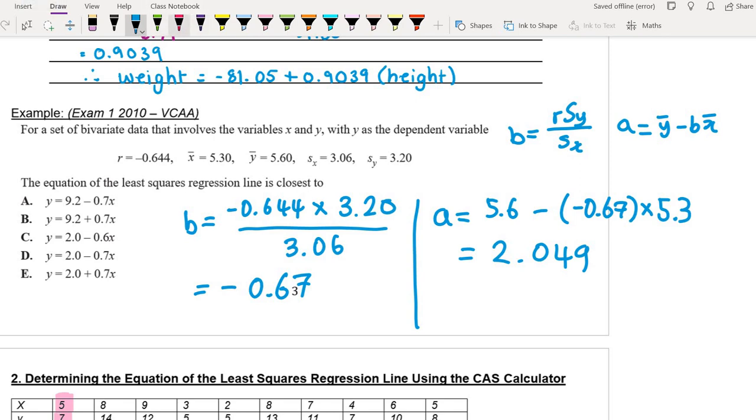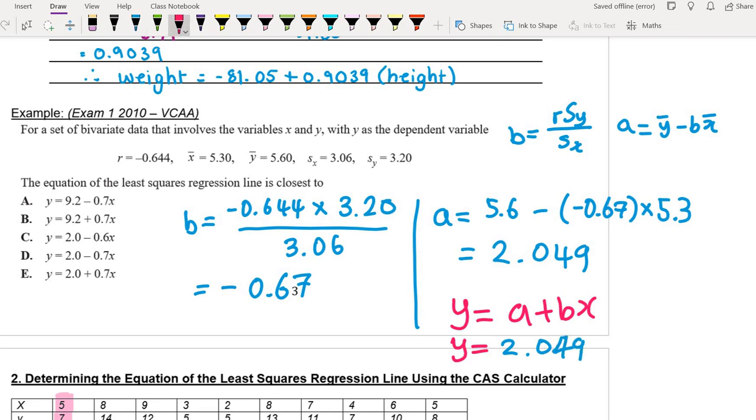Once you have your A and your B value, you can put it into the equation. The equation takes the form of Y equals A plus BX. So now wherever you see A, you want to write 2.049.